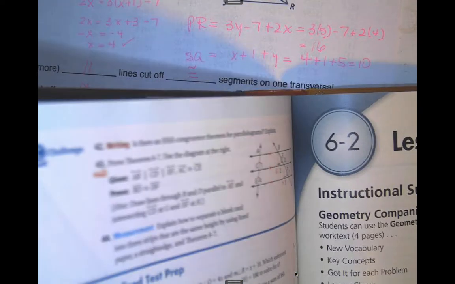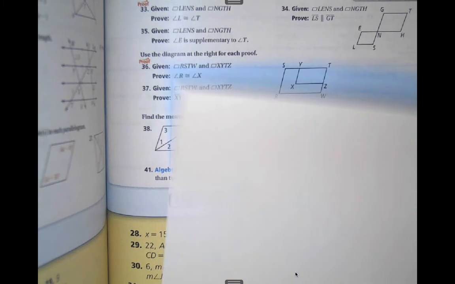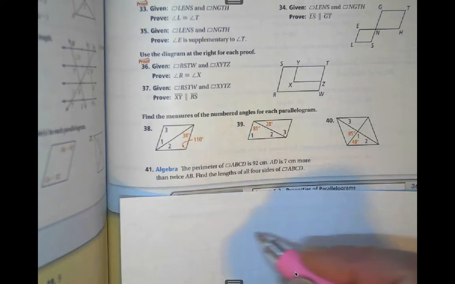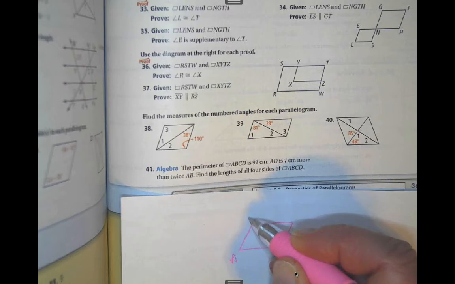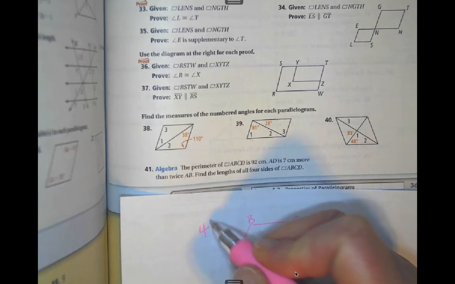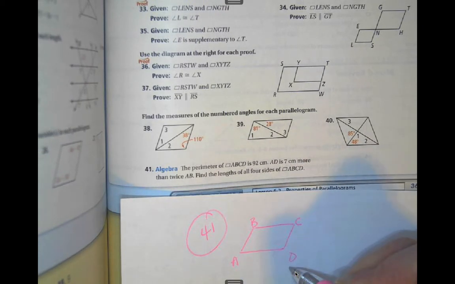Oops, I lost it. Okay, 41 says the perimeter of triangle ABCD, or sorry, not triangle, parallelogram ABCD. So you want to remember that all the letters just kind of go in order around the parallelogram.